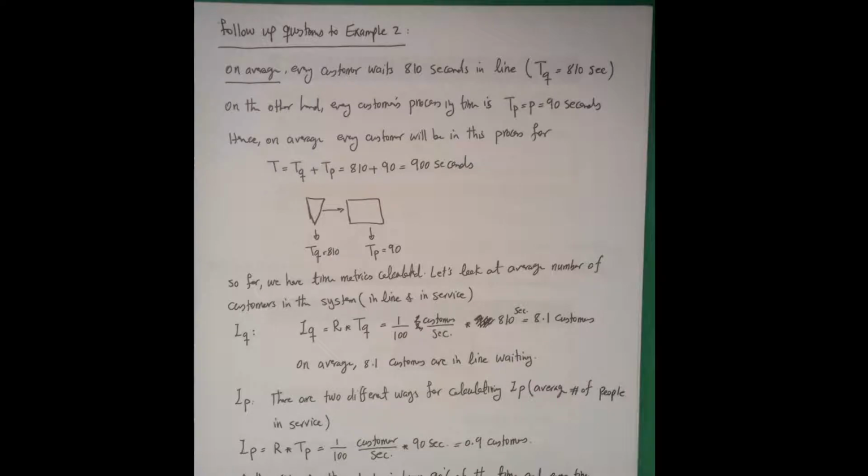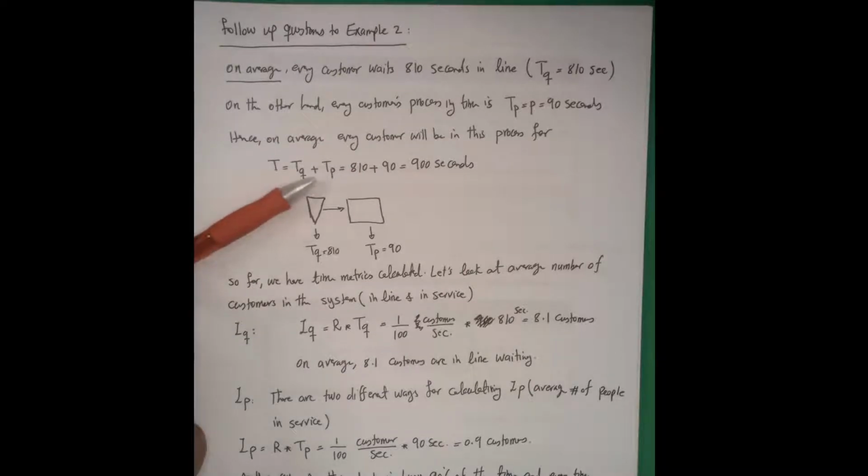Next metric: all right, so we know how long on average each customer waits, but how long on average is a customer going to stay in this process, in this system? Well, every customer is either in line or getting service. The total amount of time is going to be equal to time in line plus time in processing, and that is going to bring me to 810 plus the average amount of processing, which is 90 seconds. That's going to be 900 seconds.